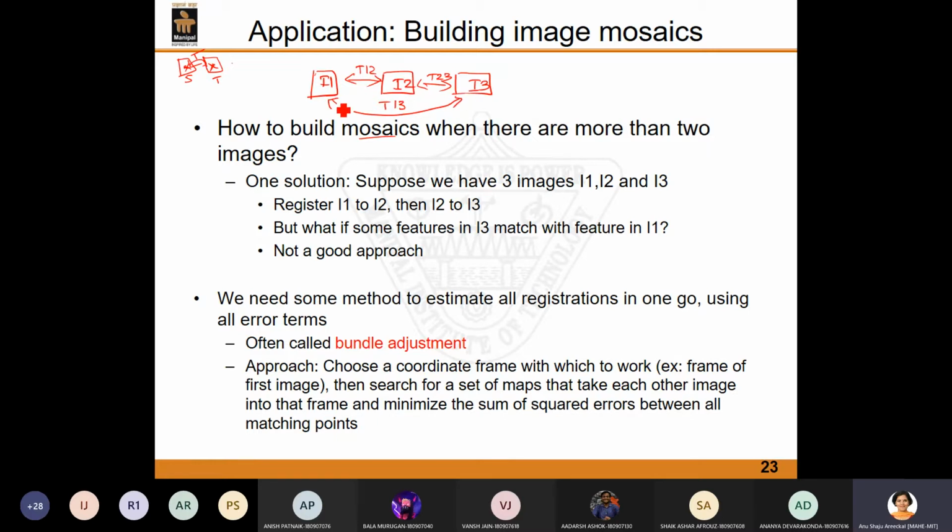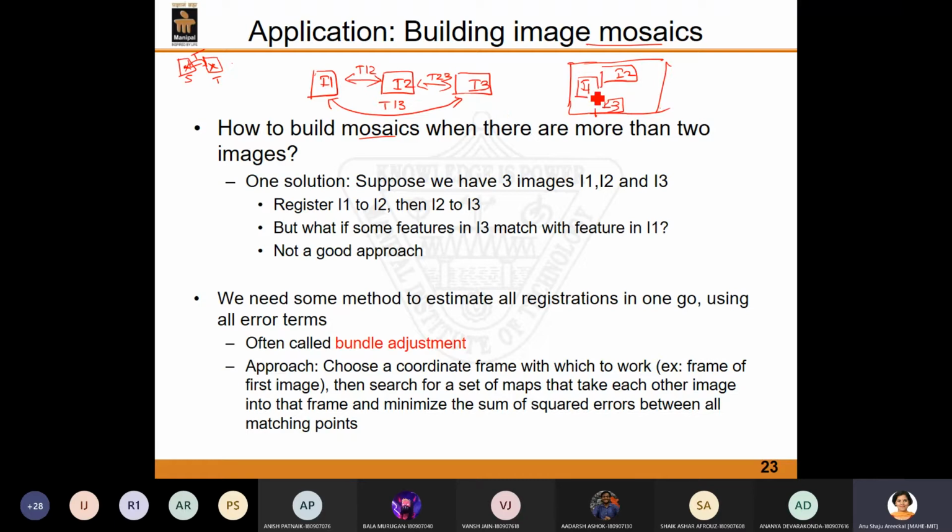Now, why we try to find the transformation between I1 and I3 is because for image mosaicing, all these images form part of a bigger picture. So let's say this is the bigger picture that you have here, and I1, I2 and I3 might be placed over here, just taking an example.